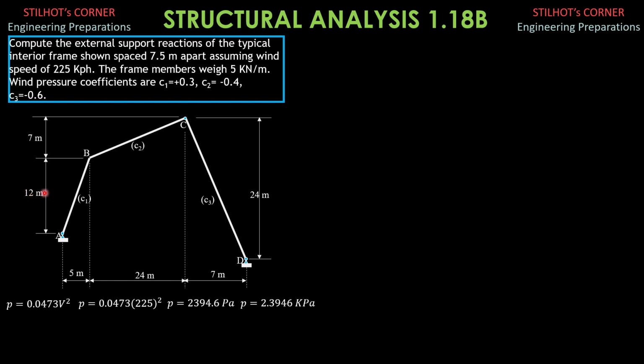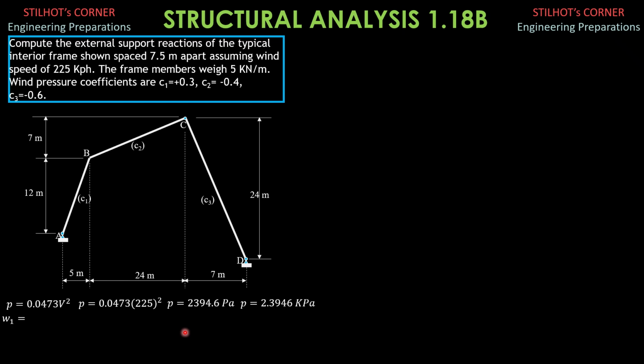uniform wind pressure in kilonewtons per meter here is wind pressure coefficient 0.3 at face 1 times wind pressure 2.3946 times spacing perpendicular to the screen, which is 7.5.